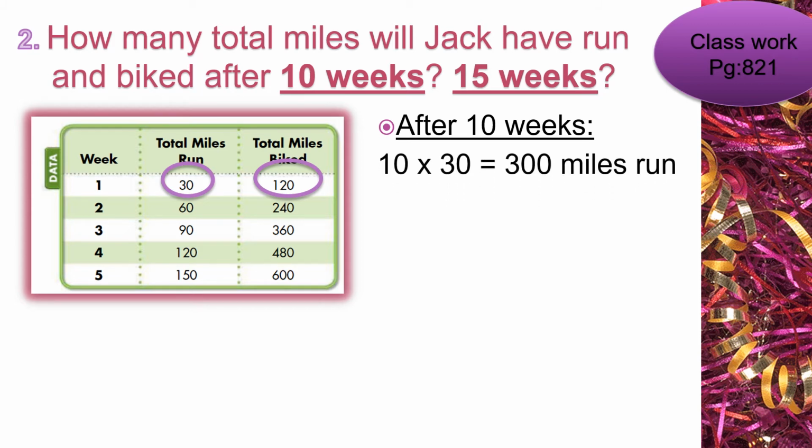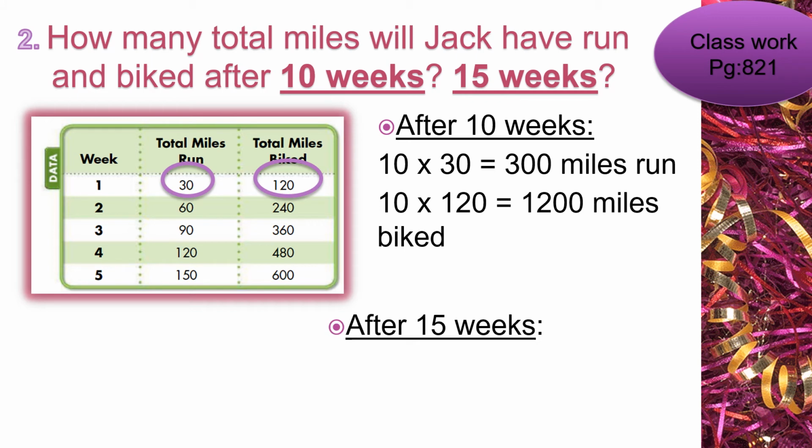Now for bike, how many miles do I need to multiply? 120 with 10. So it gives me 1200 miles. So he biked how many miles? Yes, 1200 miles. Now let's find for 15 weeks.